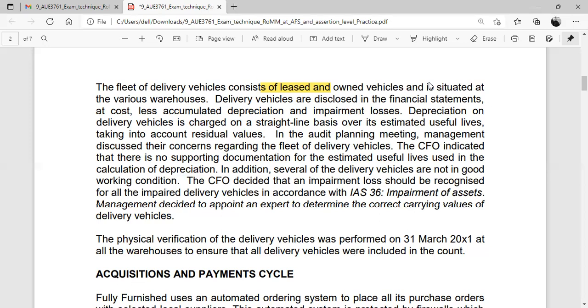But had the question said the auditor was present during the physical verification, then we would rule that out. Yes, we don't know who performed this verification, so we can't just rely on the information that we are given.